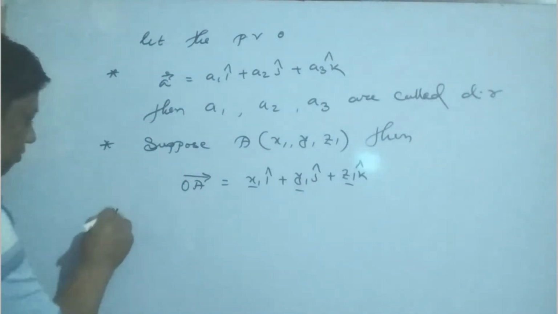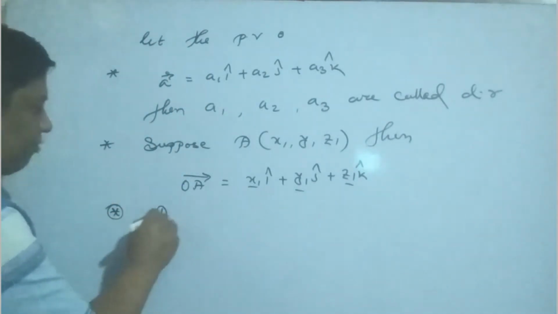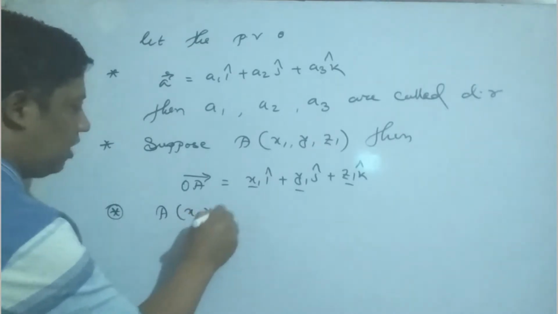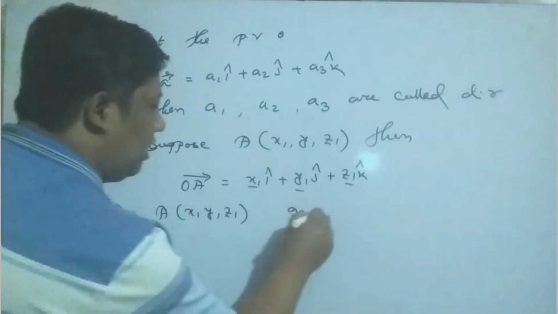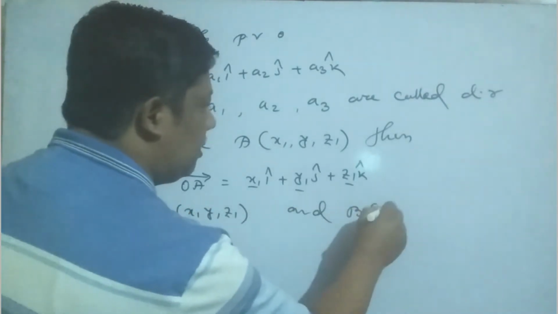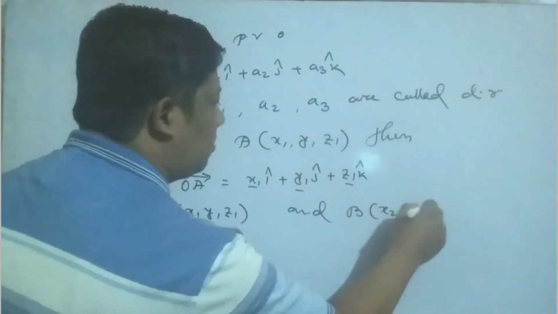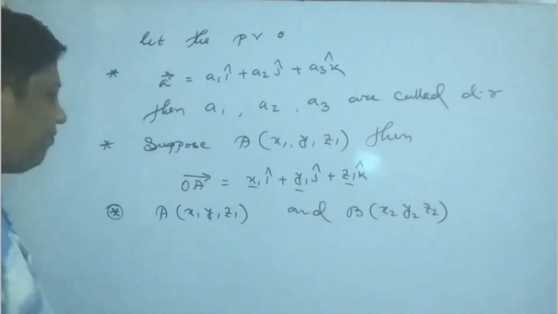Suppose you have two points. Suppose the point A x1, y1, z1 and point B x2, y2, z2 are any two points.